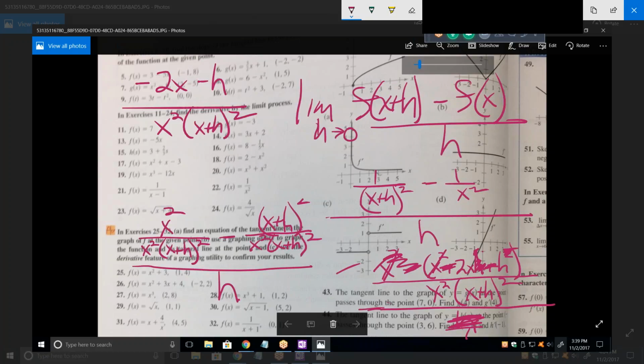Now, let's take the limit of that as h goes to 0. Remember, that's always the initial condition, we're taking the limit of that as h goes to 0. What do you get? So you just plug 0 in for h, exactly.